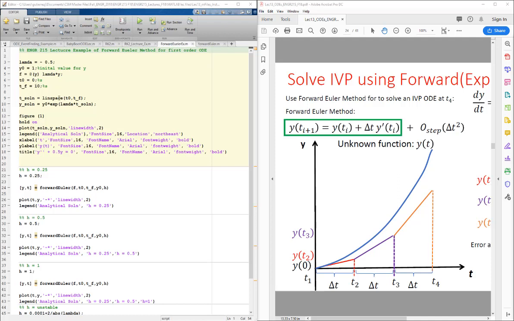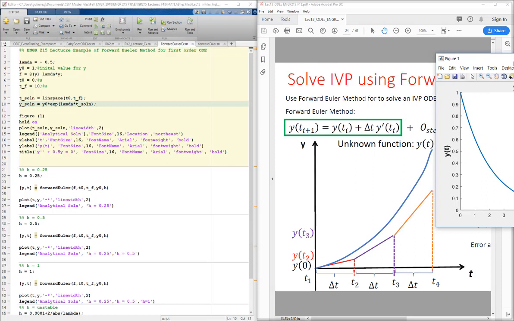Of course, we know the solution to this, so we'd like to plot the analytical solution. We'll plot t solution as linspace, which is 100 points equally spaced from t0 to t final. Then we'll compute the solution at all times in t solution, and we'll call that y solution. So let's plot that first section.